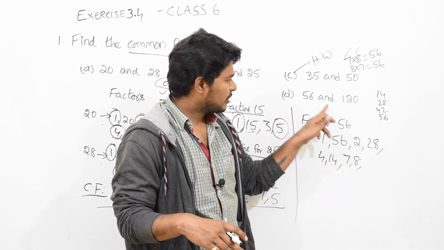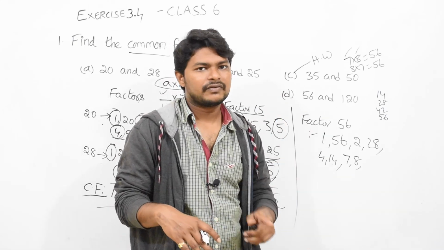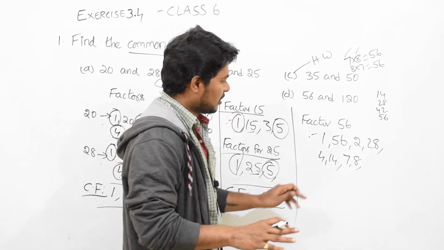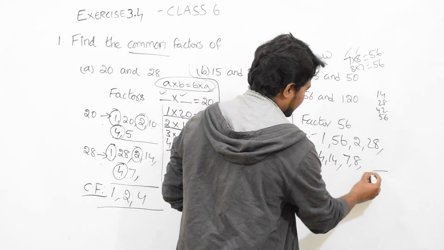The 28 table will come, but 28 we have already done. Then likewise 30, 40, 50, and the 56 table will come, 56 into 1. So these are the factors for 56.